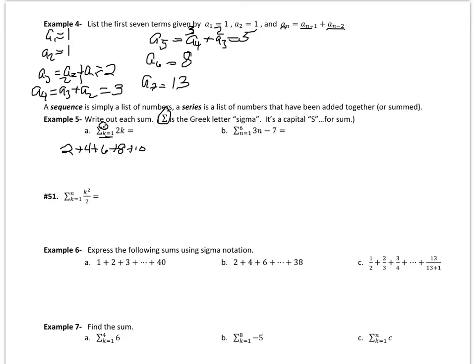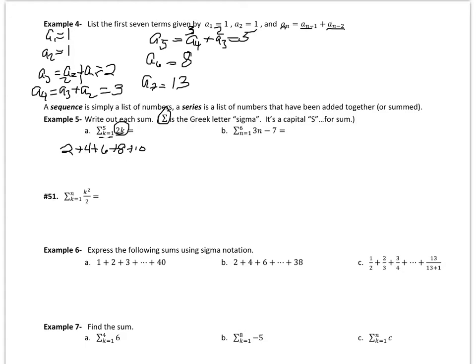Where did you get that from? From this 2k right here. So I want the sum from k is 1 to 5 of 2k. So I do 2 times 1. Then sum means add, so plus 2 times 2 plus 2 times 3 plus 2 times 4 plus 2 times 5. Where are you getting 1, 2, 3, 4, 5?